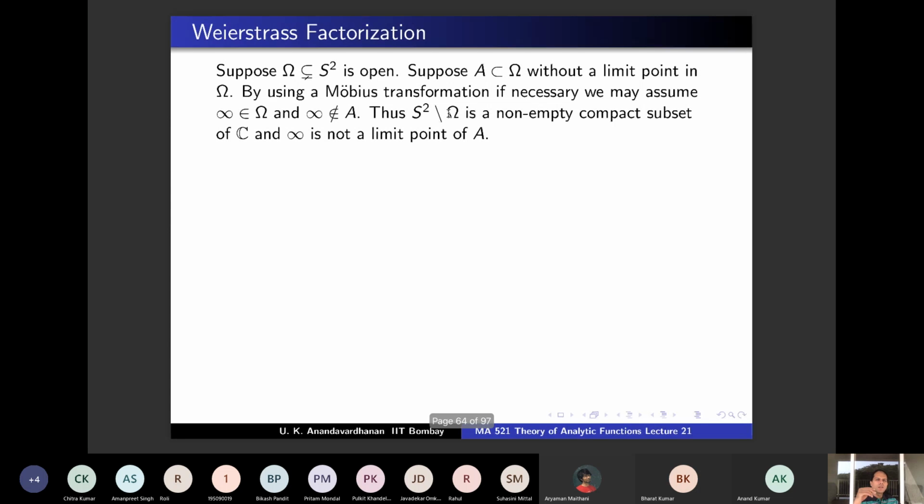And you also know that infinity is not a limit point of A. Why is this sentence true?